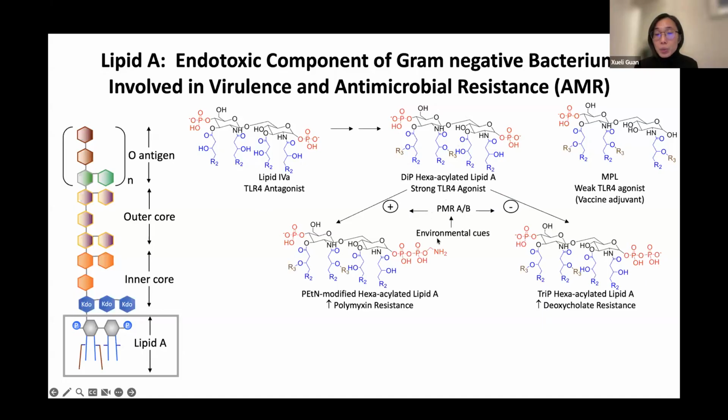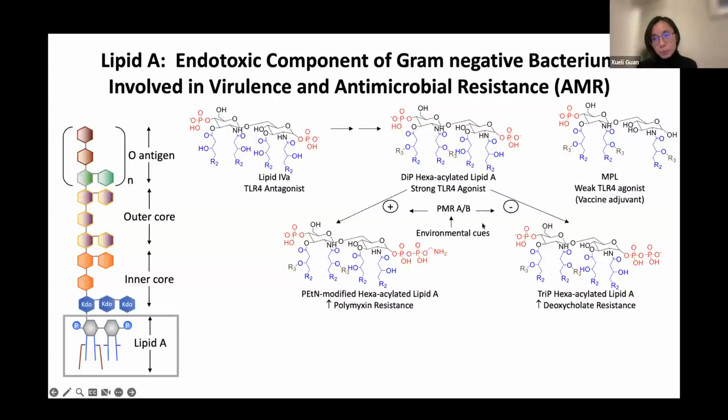Under environmental cues, which can activate the 2-component sensor kinase PmrAB, there is the possibility to modify lipid A, for instance, with a phosphoethanolamine head group. And this group reduces the negative charge of lipid A. And when the negative charge is reduced, this reduces the interaction with the cationic antimicrobial peptides. And modification of lipid A is indeed one of the known mechanisms for polymyxin resistance.